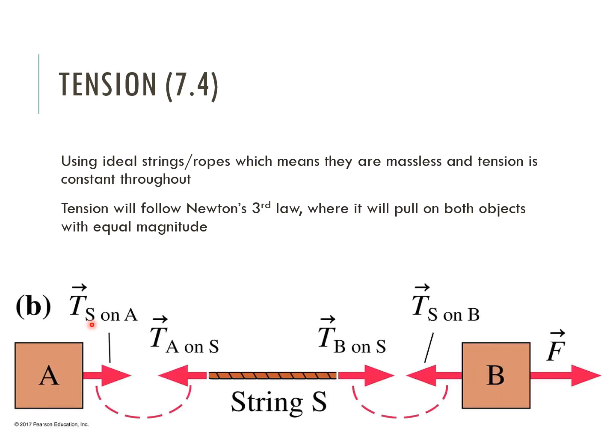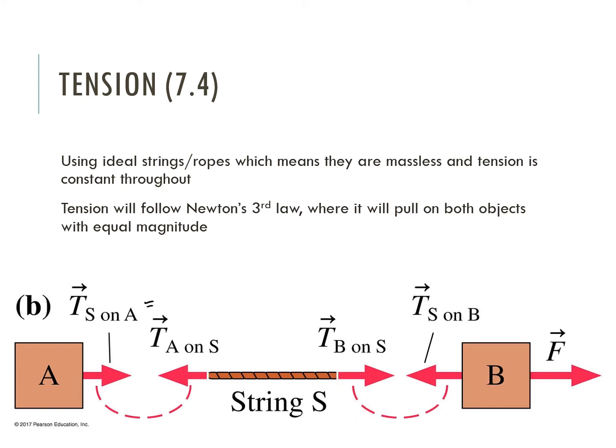So the way that the textbook goes through to describe how we can ignore the string as an object is there is tension from the string on box A, and that is equal and opposite, according to Newton's third law, of the tension from box A onto the string, and the same is happening with B. So these are equal and opposite, so usually we just say, well, tension pulling A to the right is the same as tension pulling B to the left.